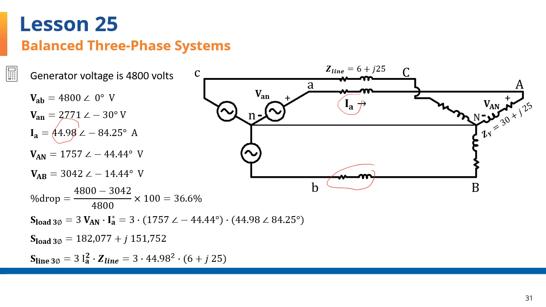We square that and multiply that by Z of the line, the impedance of the line, and that will give us the complex power for a single line. Multiplying it by 3 will give us the complex power loss on the 3 lines, and that came to this value, again in Cartesian or rectangular coordinates.